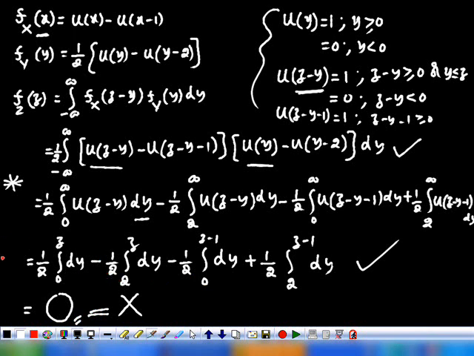If you observe this, what is the left hand side? fZ of z. What is this z here? z is the value taken by the random variable. What type of random variable is this z? X is a continuous random variable, Y is also a continuous random variable, X plus Y is also continuous. So Z is a continuous random variable.